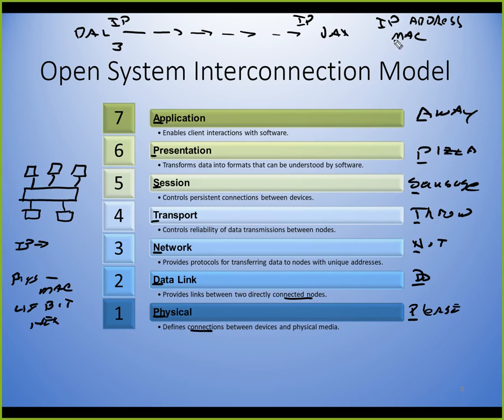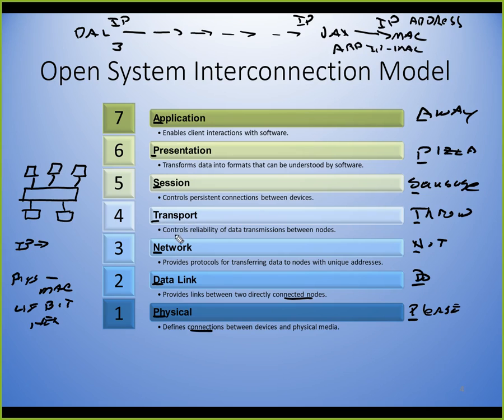The router is going to ask which MAC address has this IP address using a process called ARP, the Address Resolution Protocol, which is an IP to MAC resolution. Once that happens, the router will then send it to the MAC address that it's intended for.